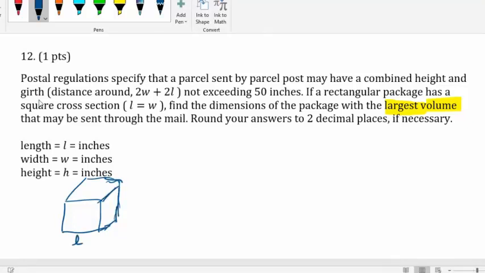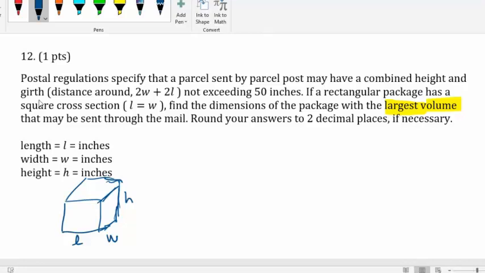This is the length, this is the width, and this is the height. Now it does say a combined height and girth, 2W plus 2L, not exceeding 50 inches. So the height and girth together, when you add those together, should be 50 inches total.